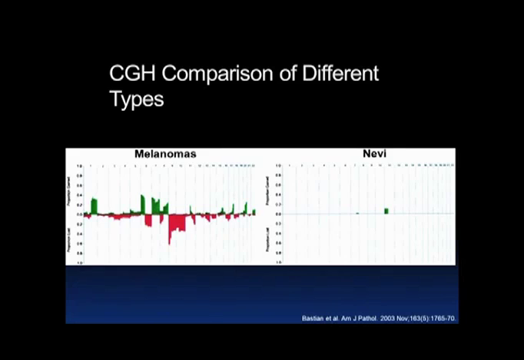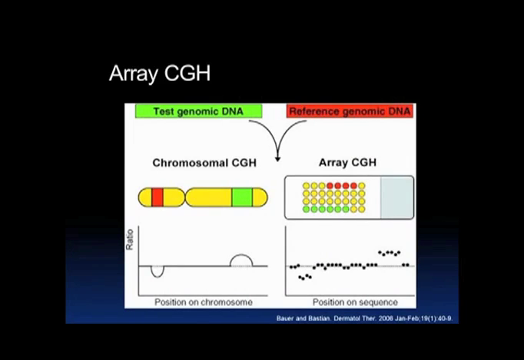And this is basically the overall slide showing the gains that point upwards and the losses that point downwards, compared to nevi.